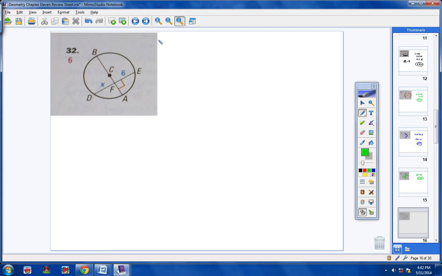Okay, here's what we learned in a previous theorem.